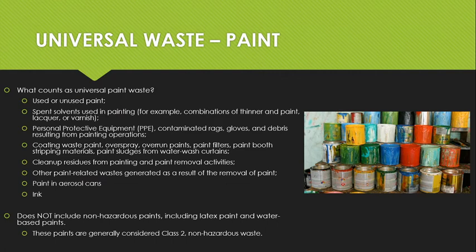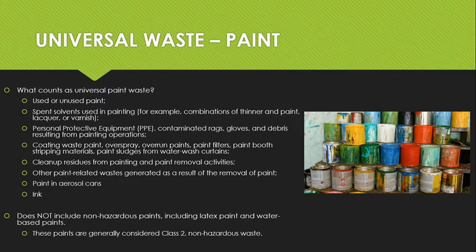So it would be like used or unused paints, spent solvents in painting, PPE contaminated with paint, coating, waste paint, overspray, paint filters, paint sludges, cleanup residue, certain inks, aerosol cans of paint. These all are under the universal waste paint rule.